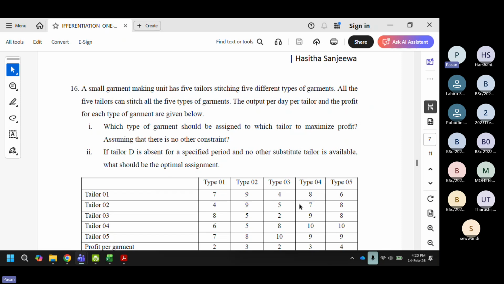So then if you calculate that time into the profit, then you can identify the profits like that. So we can do the same thing by taking the time required as well, right? So then it's going to be a minimization problem. But if you take it as a profit, then it is a maximization problem, right? So you can look at the situation in two different ways as well, right?